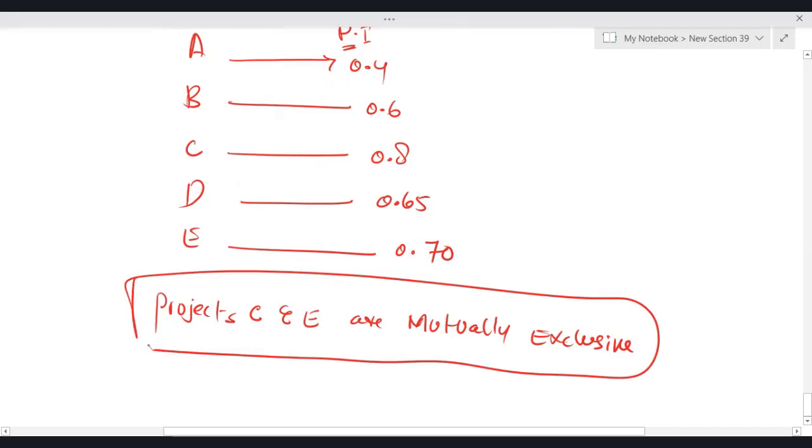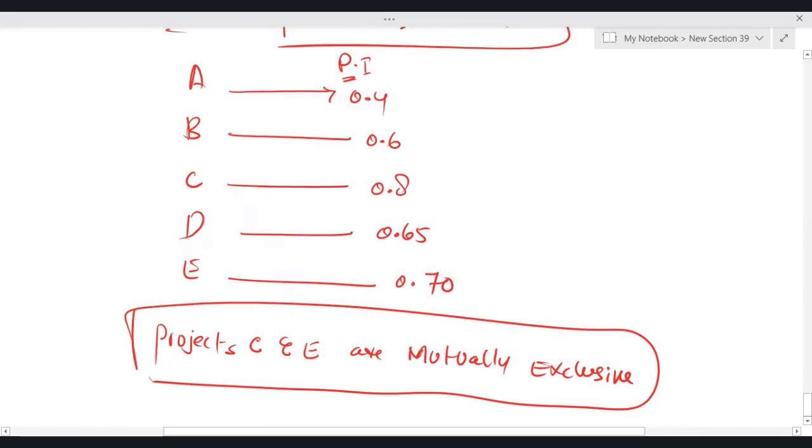We have calculated the profitability index of all the projects, and the examiner says that projects C and E are mutually exclusive. We know that if two or more projects are mutually exclusive, we can opt for only one. Now listen. Let us decide the order.